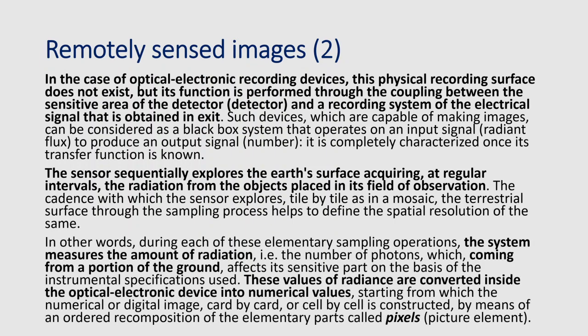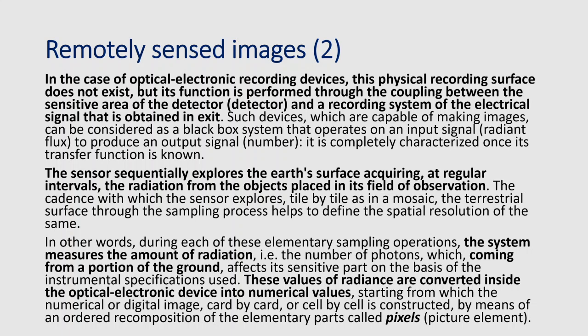In other words, during each of these elementary sampling operations, the system measures the amount of radiation, for example, the number of photons, which, coming from a portion of the ground, affect its sensitive part on the basis of the instrumental specification used.